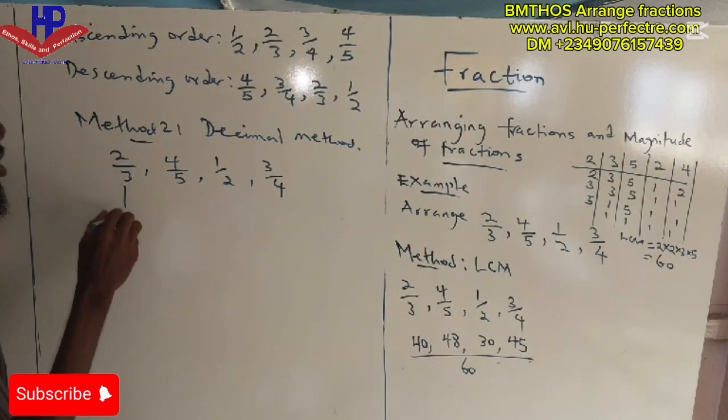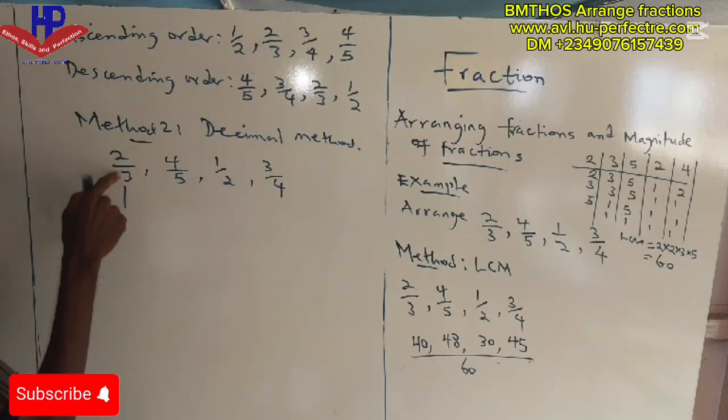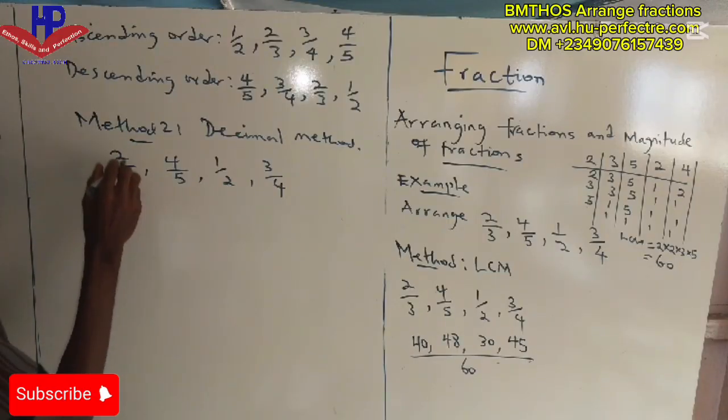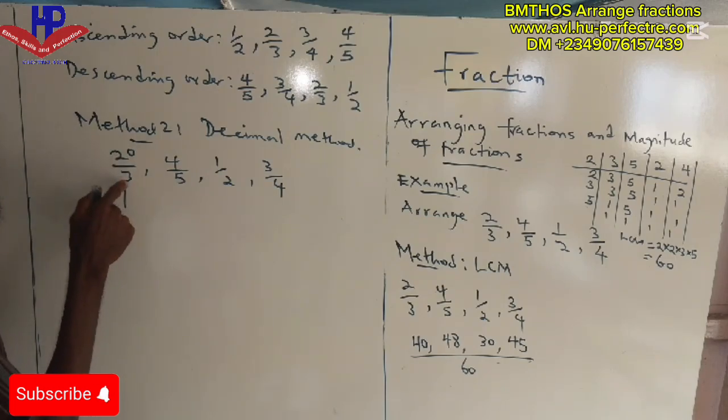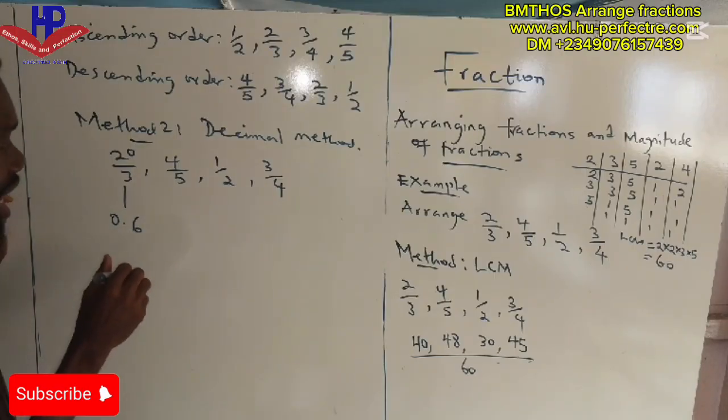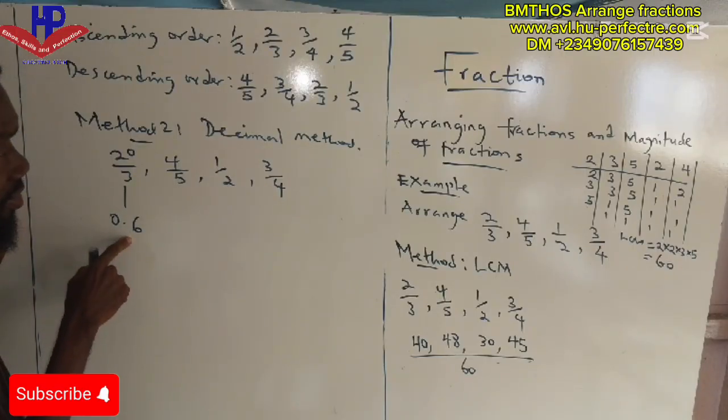Decimal method: 2 divided by 3. Of course you know that 3 cannot divide 2, so you need to put 0 and put a point. Add 0 to 2, that becomes 20. So how many 3 are in 20? That will give us 6. I will stop at one decimal place for now.